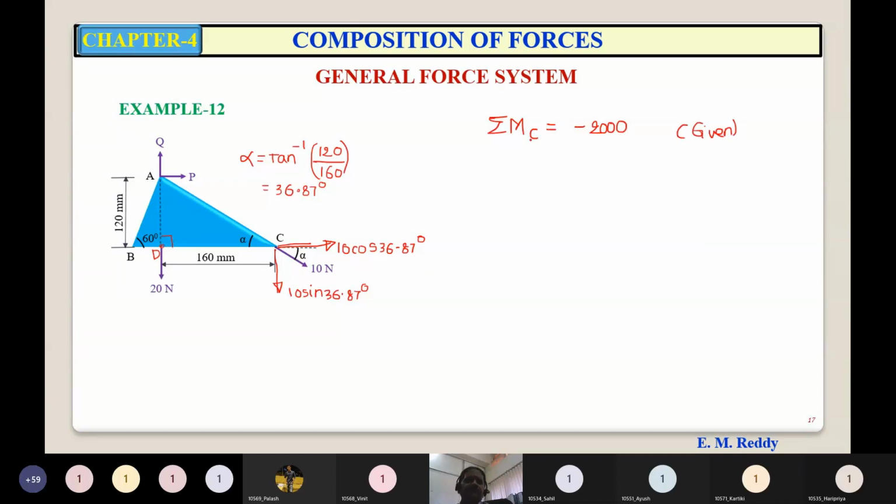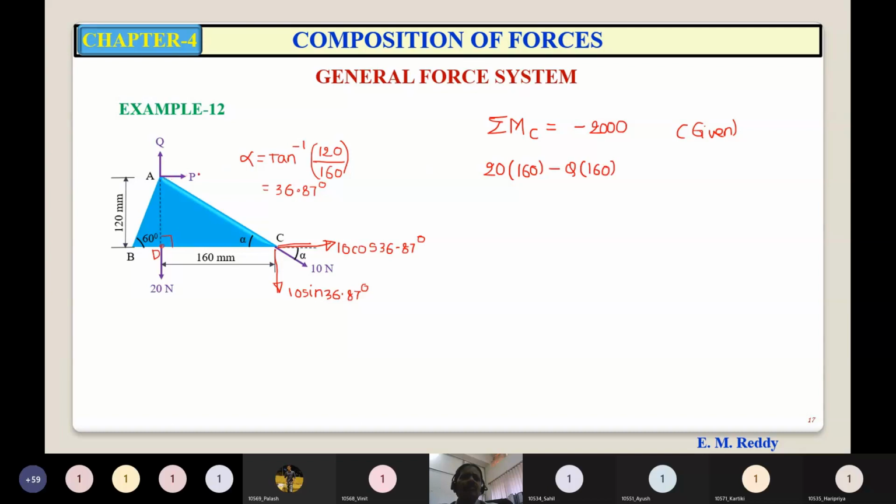Now taking the algebraic sum of the moments of all forces about point C. What is the moment of this 20 Newton about point C? It is creating anti-clockwise sense, so it is 20 into 160, the perpendicular distance. Moment of Q, which is acting vertically upwards, creating clockwise sense, is minus Q into again 160.